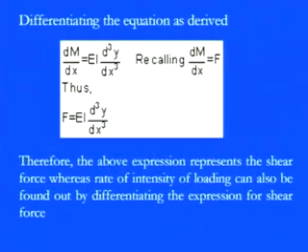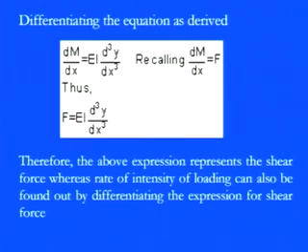We know the basic relation between the bending moment and the shear force: F is equal to dM by dx. Replacing the shear force, we have F is equal to E into I d cube y by dx cube. This expression represents the shear force, and the rate of intensity of loading can be found by differentiating it again.